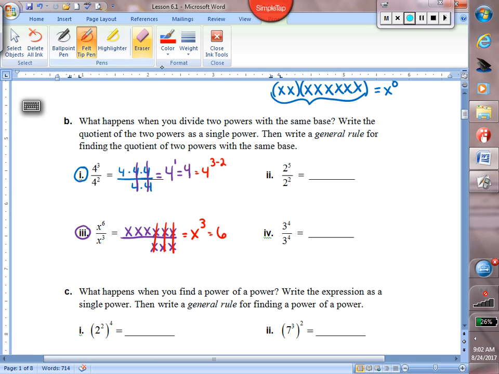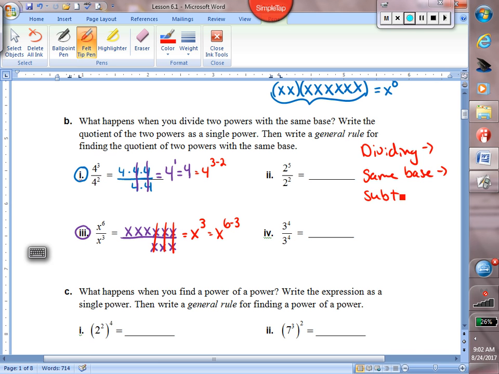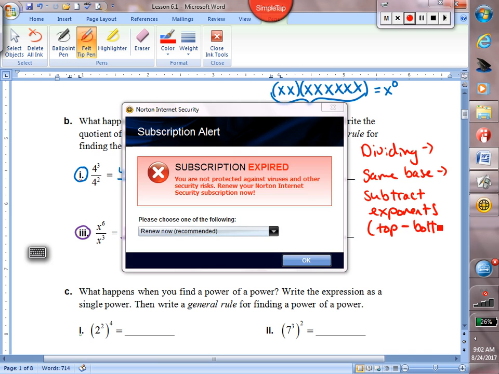So if I subtract those exponents, I get my x to the third. So when we're dividing, and we have the same base, we subtract exponents. And just put a little note here, the top exponent or numerator exponent minus the bottom exponent.